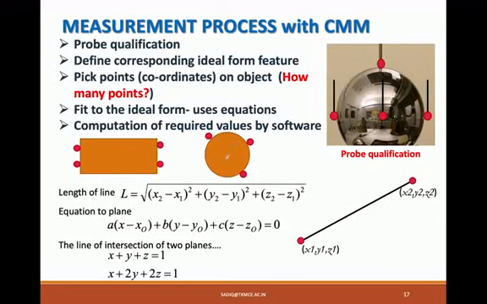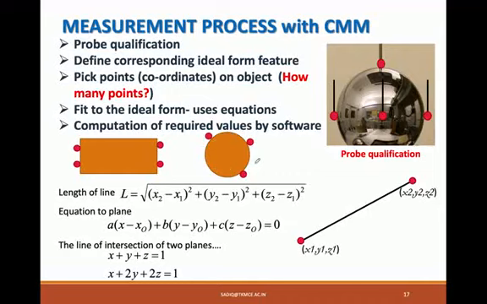Now the latest CMMs are very intelligent and use very intelligent software, such that you need not define the ideal form that is to be measured. By seeing the configuration of picking itself, the system will arrive at the form feature that we are going to measure.